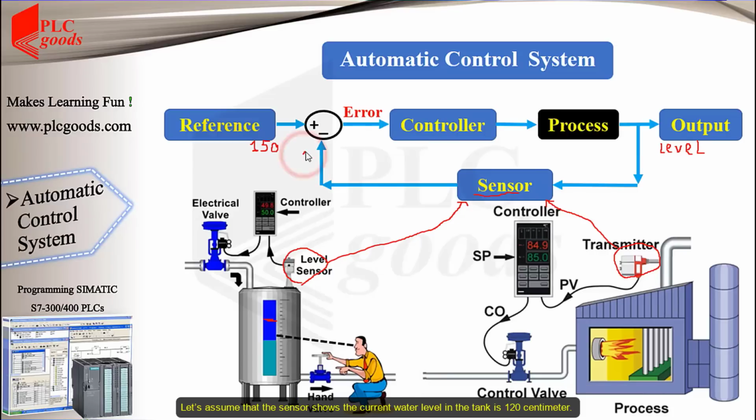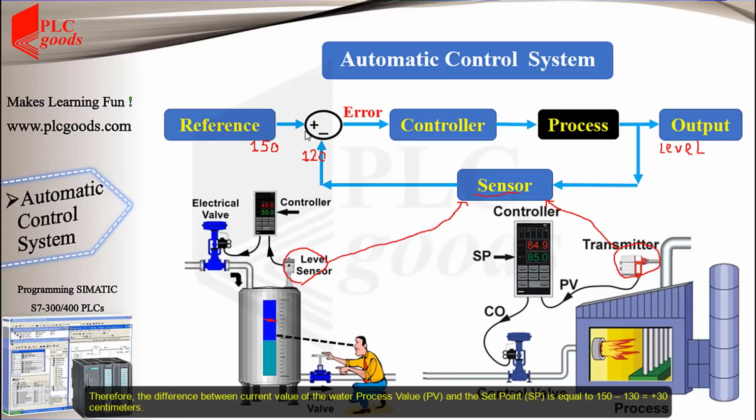Let's assume that the sensor shows the current water level in the tank is 120 centimeters. Therefore, the difference between the current process value of the water and the set point is equal to 150 minus 120, equal to plus 30 centimeters.